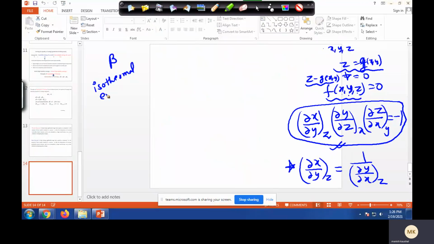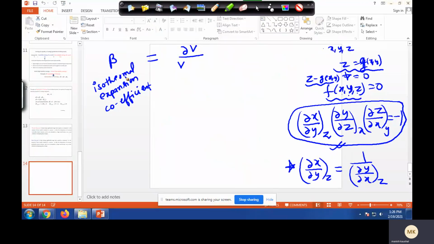As the name suggests, when you are saying expansion, it is the change in volume by the original volume.